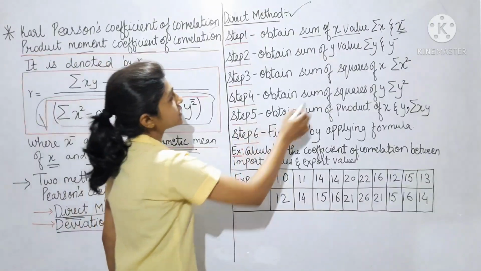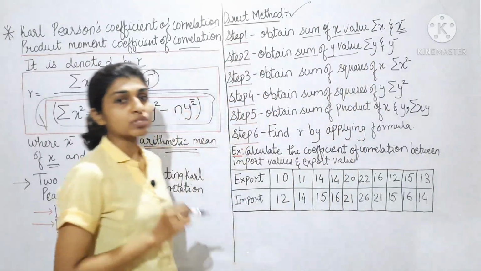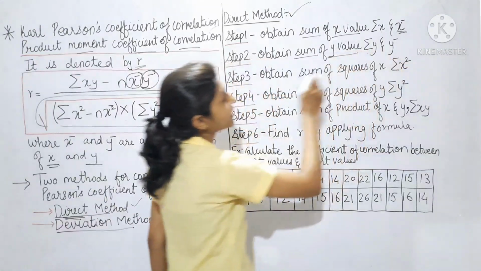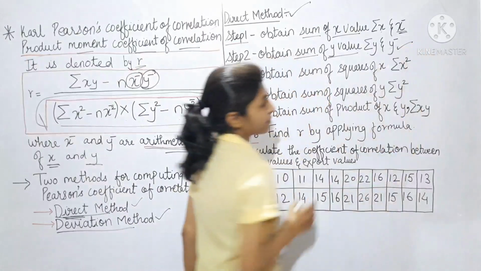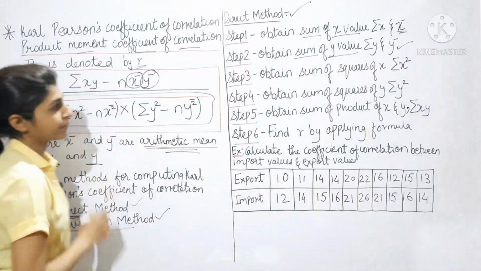Step number 2 is the sum of y values, the total of y, sigma y, and after finding it, we can find y bar, which is the arithmetic mean of y.